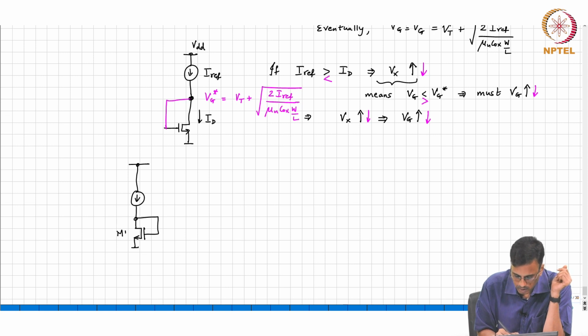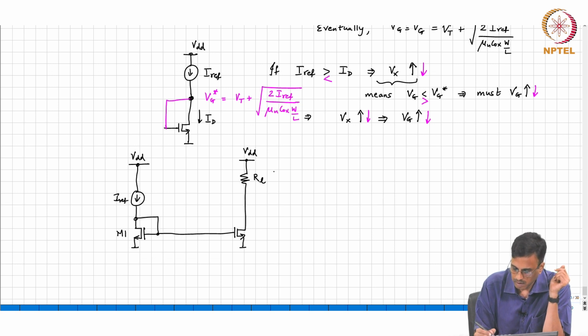So, this is M1, this is I ref, this is VDD, this is M2, alright.